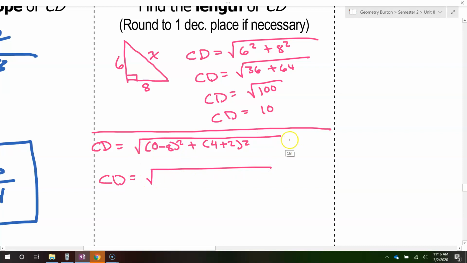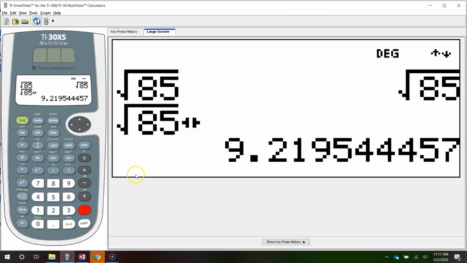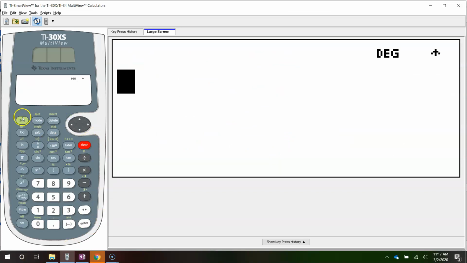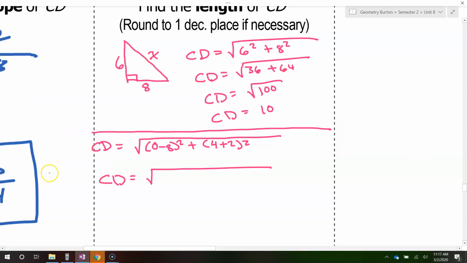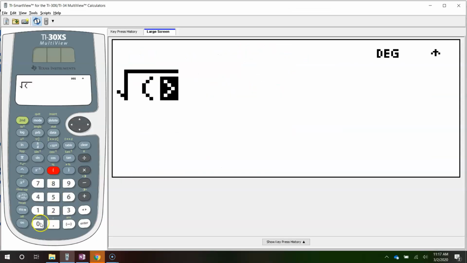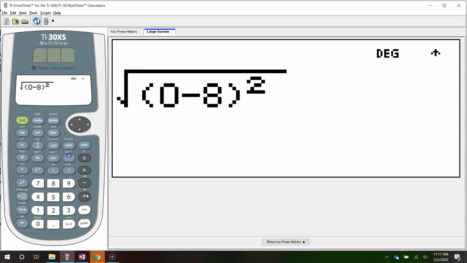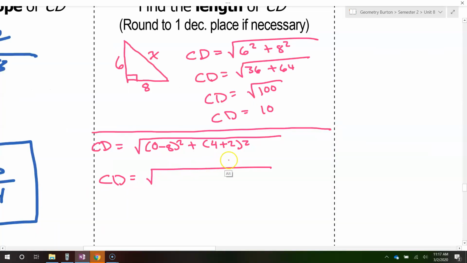All right, I could put this in my calculator right now if I wanted to. Okay, maybe I'll do it just to make a point. So what did I have? 0 minus 8. Four plus 2.